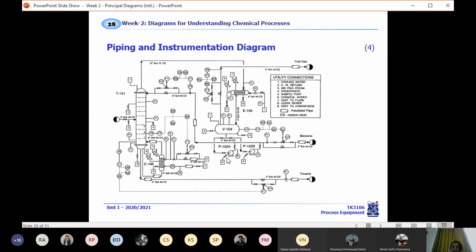It means that in the plant, I will have P102, identical A and B, two units, installed in the plant. So if I fail to operate P102A, there will be a backup from P102B. This is the important one. If there is a failure in one equipment, I can operate the other equipment. That is called the redundancy principle.